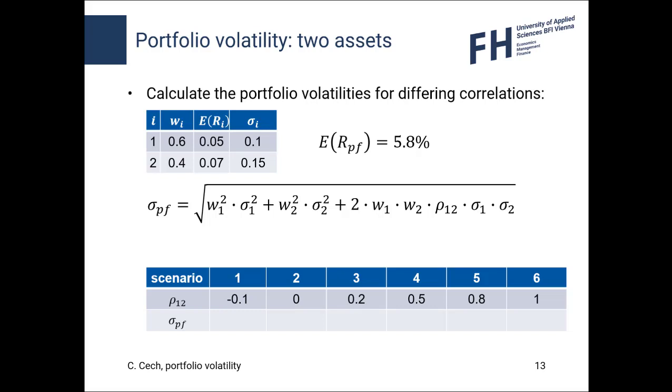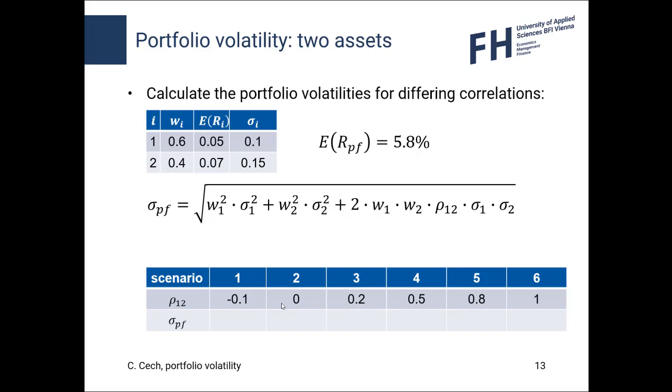We now want to calculate the portfolio volatility for different scenarios concerning the correlation. So you find here 6 scenarios with different correlations. In scenario 1 we even have a slightly negative correlation.